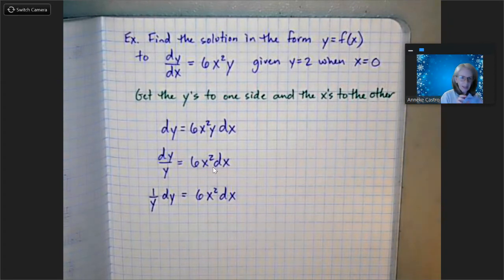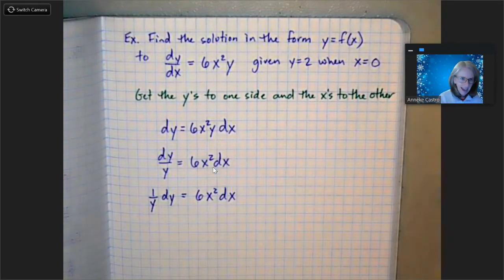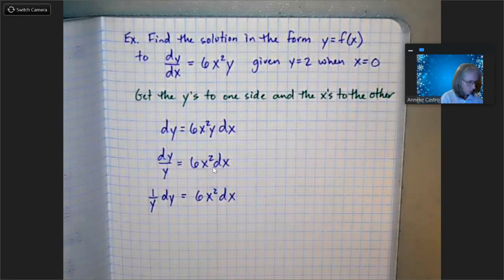Basically, we have things being multiplied together on one side. We don't have a lot of things being added or anything like that. Different things happen, like the example that we saw in Khan Academy, the first one with the second derivative plus the first derivative plus the function. That gets solved in a totally different way. So we're just learning one specific case of differential equations right now, and we'll learn more later.